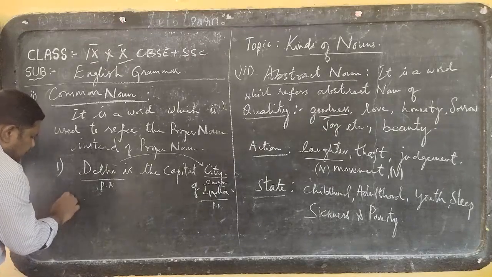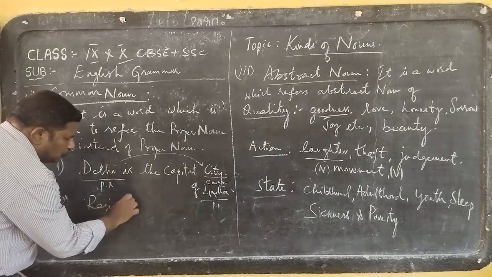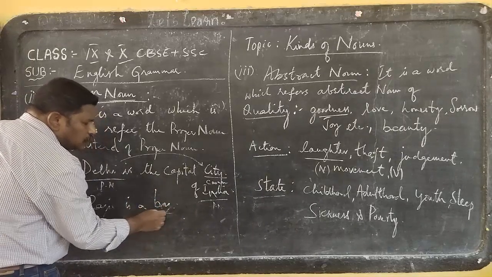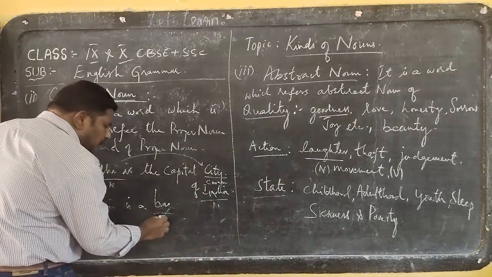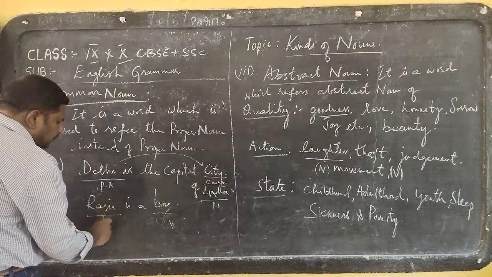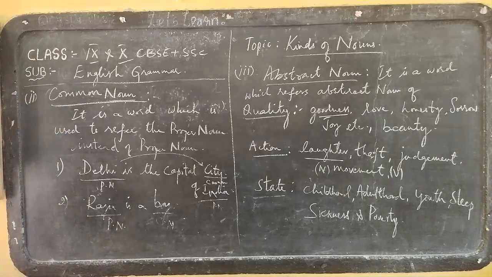Let us go with the second sentence. For example, Raju is a boy. Boy is something which is commonly used, a common word. Therefore, this is called a common noun. Whereas Raju is a specific name, it is called a proper noun.